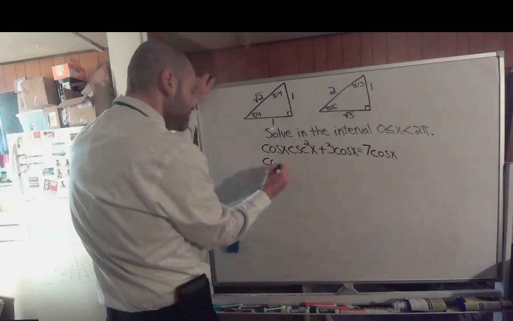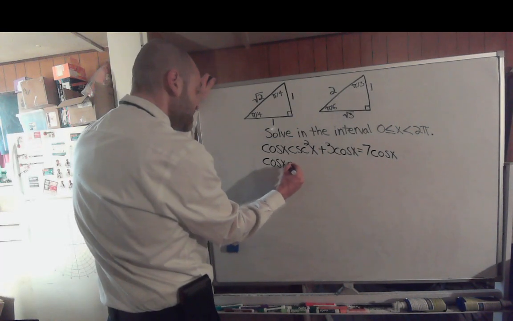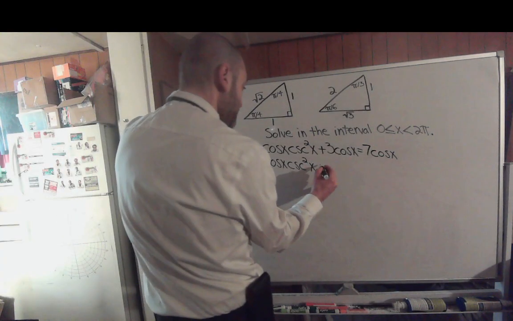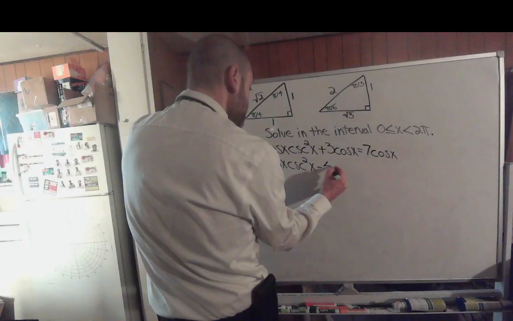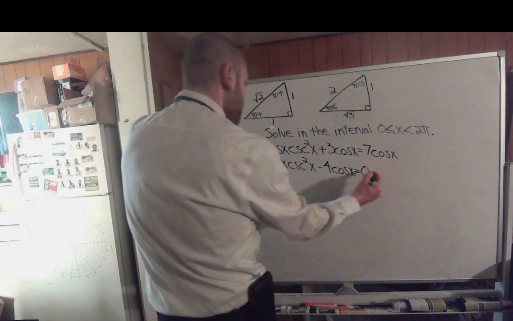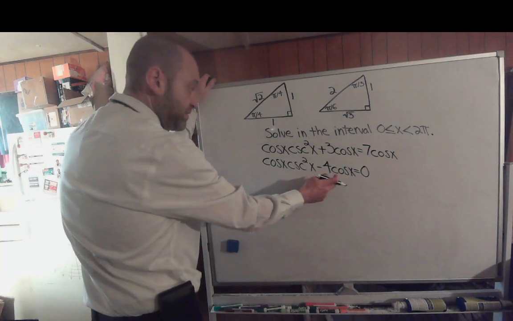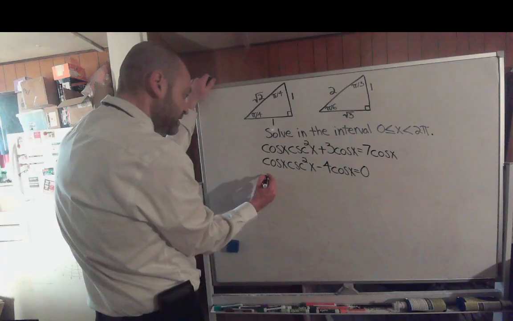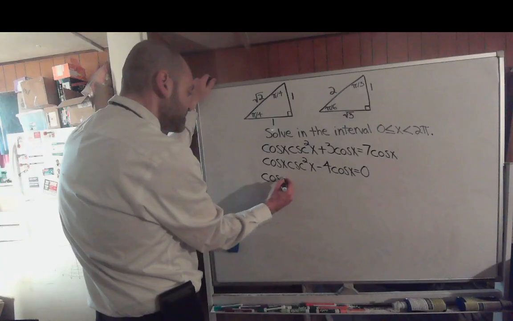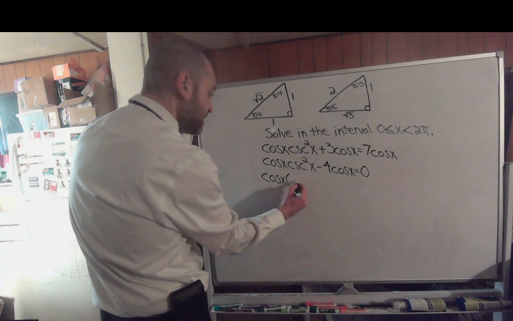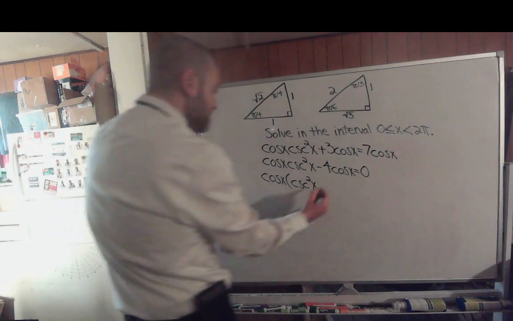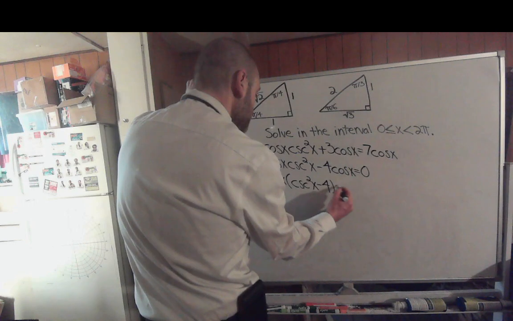So this would turn into the cosine of x times the cosecant squared of x minus 4 times the cosine of x equals 0. You can definitely factor out a cosine of x. You would end up getting the cosine of x times the quantity of the cosecant squared of x minus 4 equals 0.